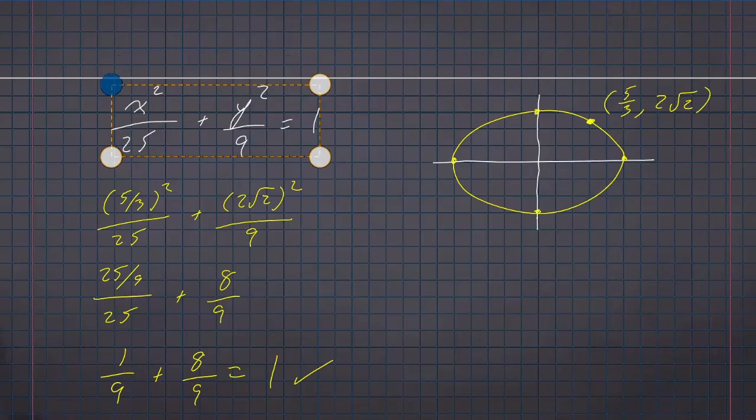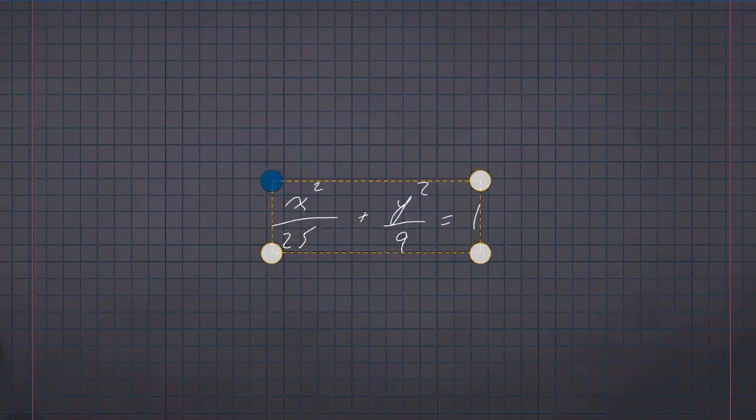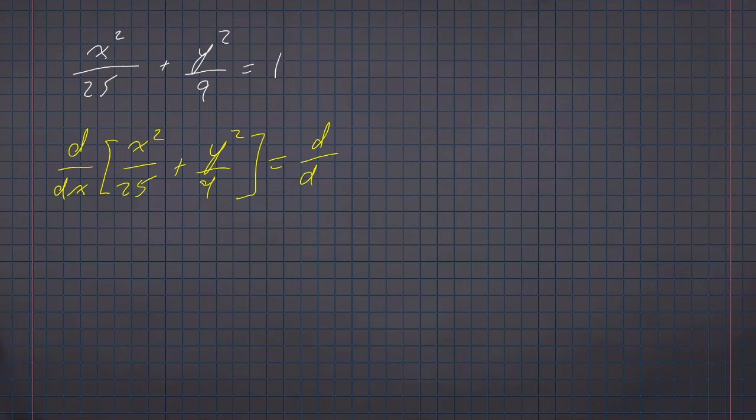Since I'm out of room on the screen, just slide down a little bit, put that back on the screen, and differentiate implicitly, taking the derivative with respect to x of x squared over 25 plus y squared over 9. That will be equal to the derivative with respect to x of 1.